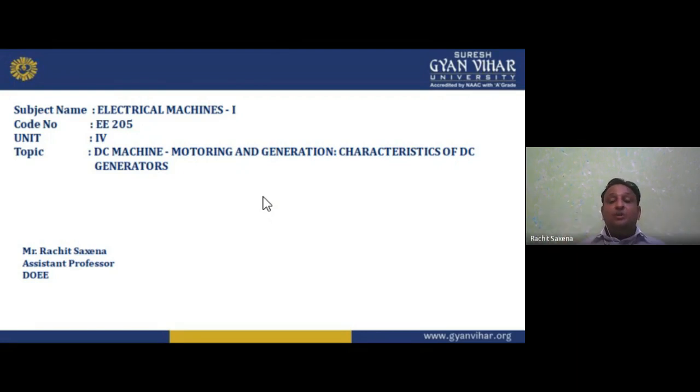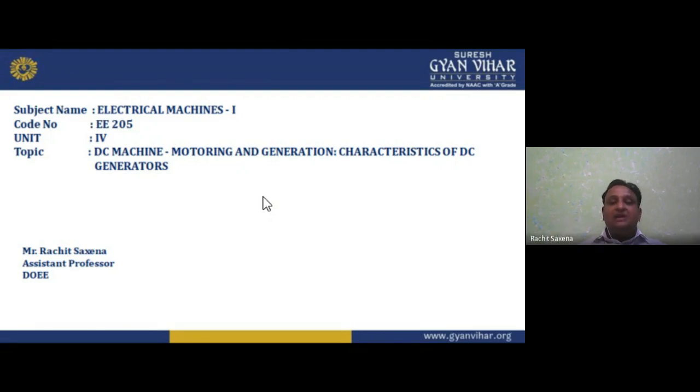That is a very important part which separates or classifies AC machines from DC machines, because in AC machines we don't have a commutator. In AC machines we want output in the form of AC. But if I am talking about a DC machine, the output should be in the form of direct current. So what I want is a bidirectional to unidirectional conversion.